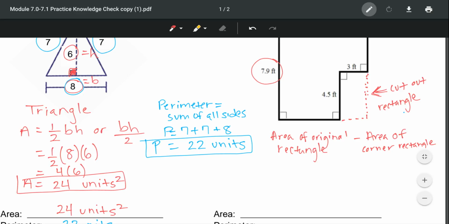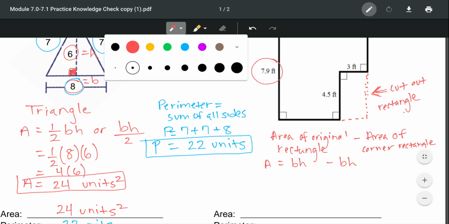Okay, so to find the area of a rectangle, it's base times height. So what you're going to do is find the area of one rectangle and then subtract the area of the other rectangle, which is also base times height. So let's be careful about this.